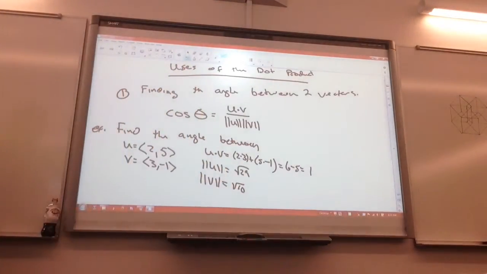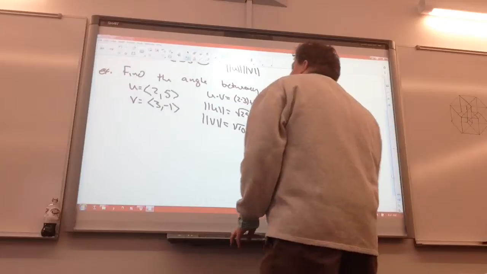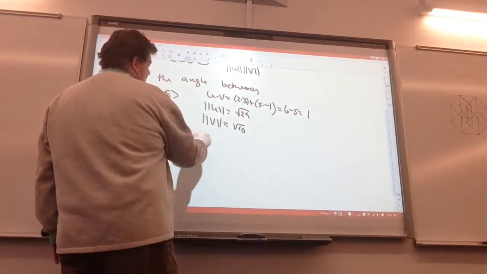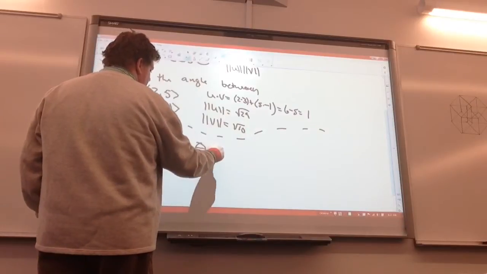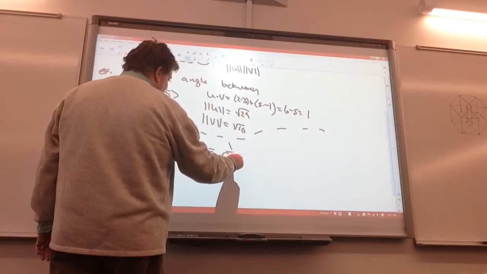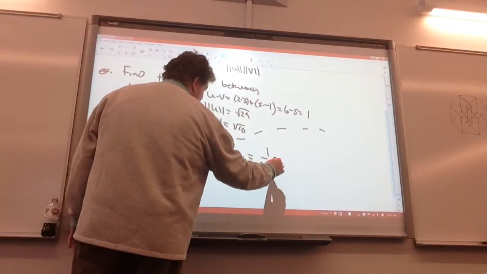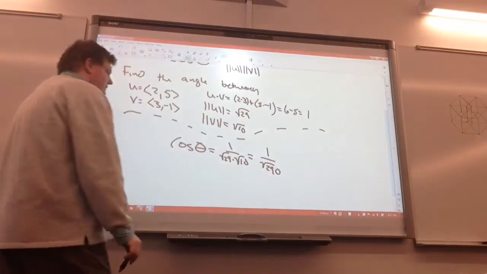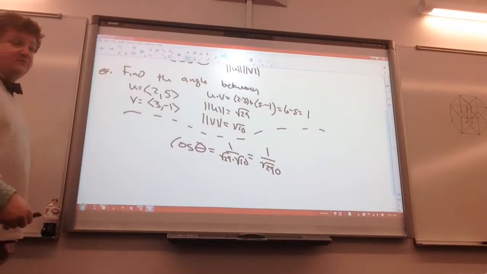Now we have all the information we need to find the angle between them. We set this up as the cosine of theta equal to 1 divided by root 29 times root 10, which by the way is 1 over root 290. So cosine of theta is equal to 1 over root 290. I'm going to take the arc cosine of both sides. That gets me theta by itself.